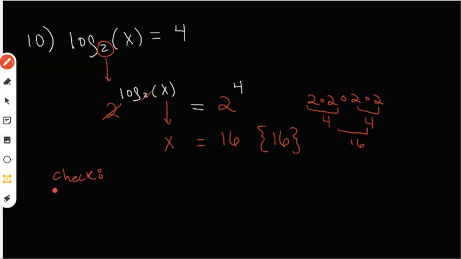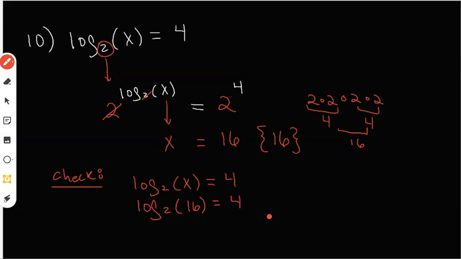Okay, so to check my answer, what I want to do is start off with the original, and that's log base 2 of X is equal to 4. I take this original equation, and then I replace X with a 16. So that gives us log base 2 of 16 is equal to 4.